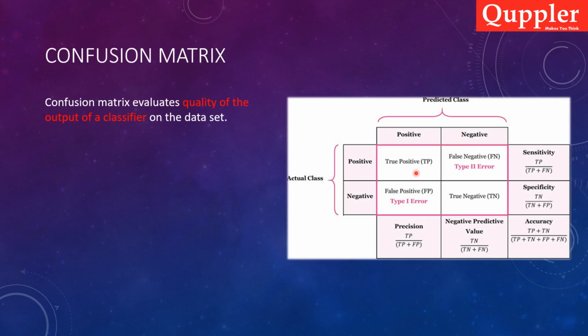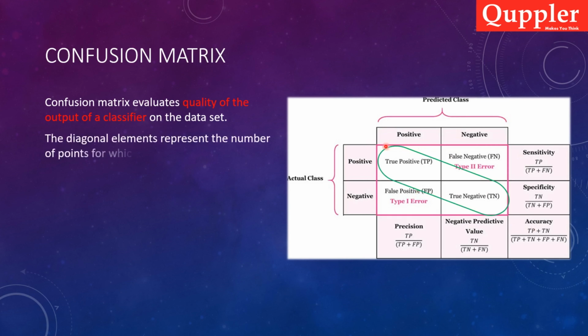So if you plot this 2 by 2 matrix, the diagonal elements which you are seeing here represent only the numbers where the predicted label is equal to the actual class.